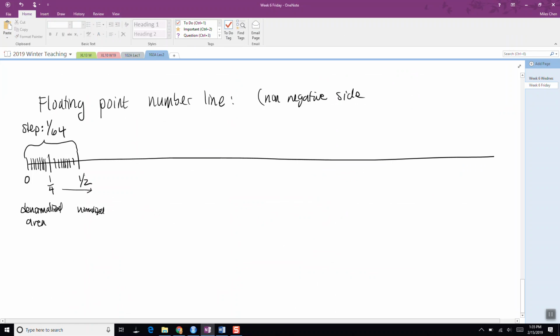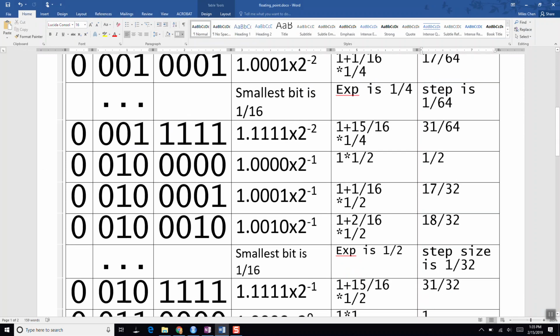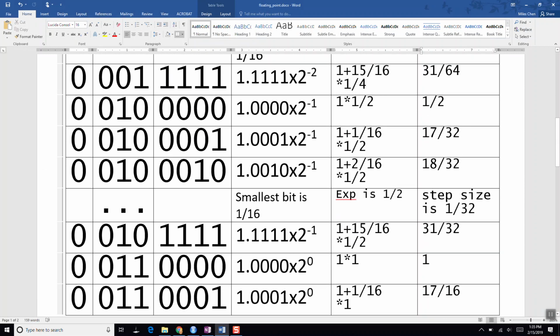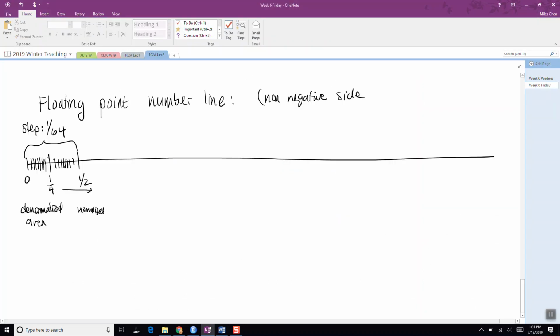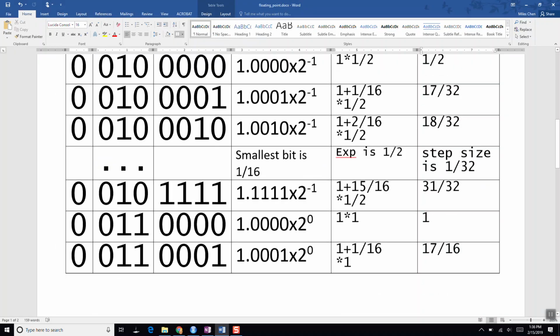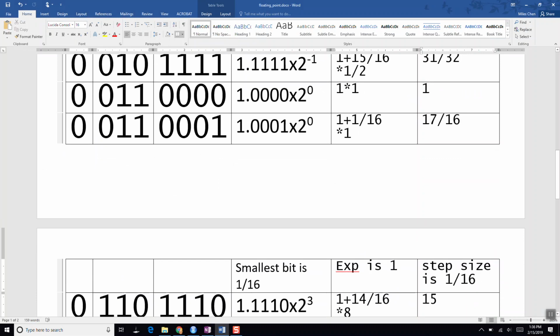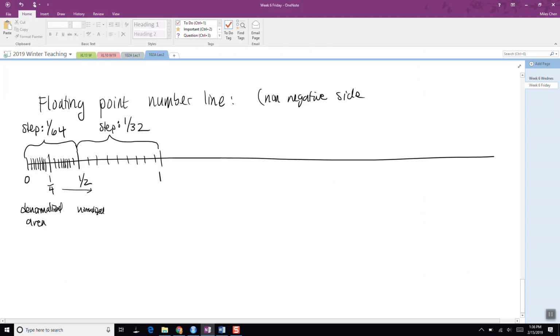Okay, and then when we went from 1/2 all the way up to 1, my step size is 1/32. Okay, and after 1, my step sizes were 1/16, right?